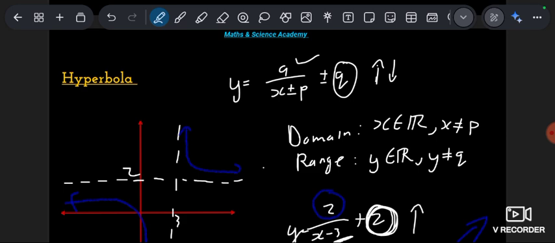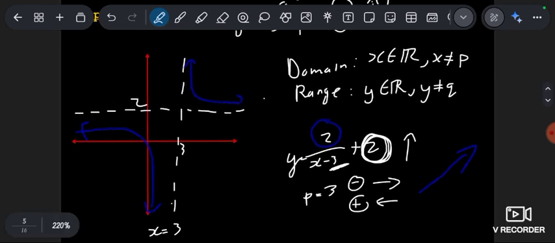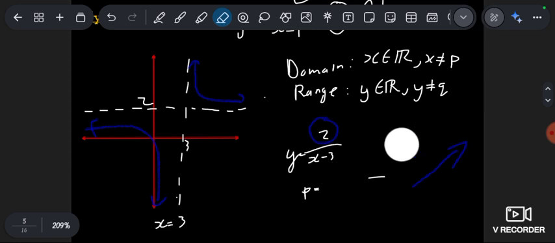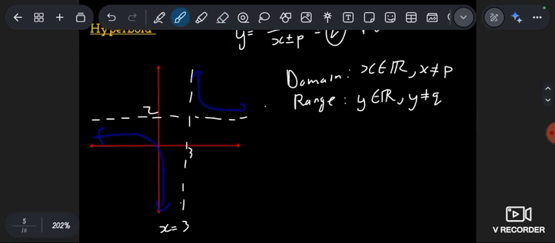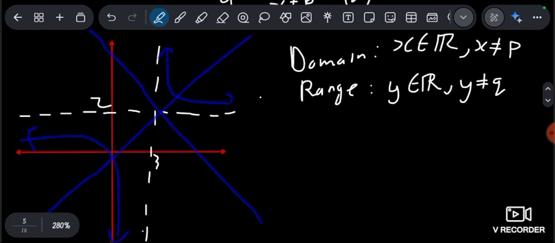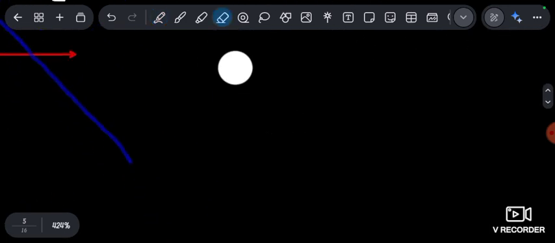The one thing that you must know is that it has axes of symmetry. The axes of symmetry are lines that divide the graph into 2. So you'd have a line that does this, straight line graphs, right? And this.